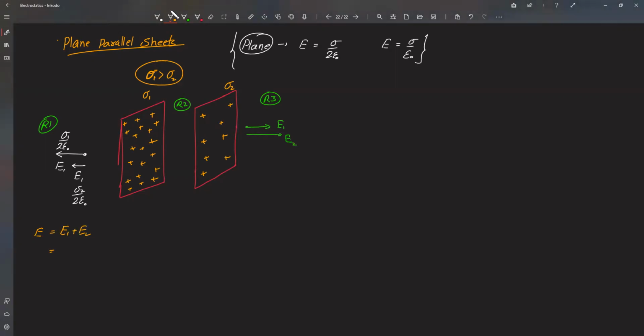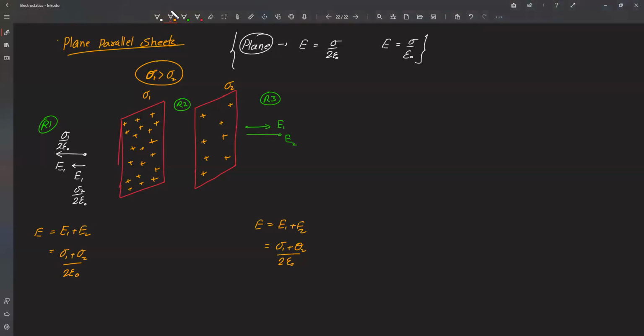So this will be nothing but sigma 1 plus sigma 2 divided by 2 epsilon naught. And similarly here also you will get E1 plus E2, equal to sigma 1 plus sigma 2 divided by 2 epsilon naught.